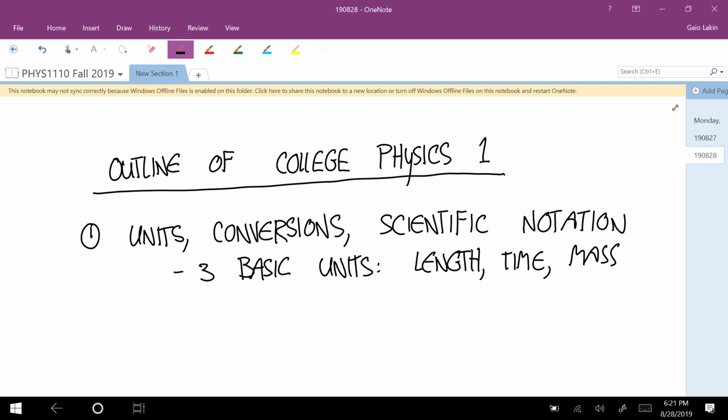So there are a lot of other things you can measure, like speed, for example, but the units for speed are the units of length divided by the units of time. So every unit that we're going to use is a combination of those three.